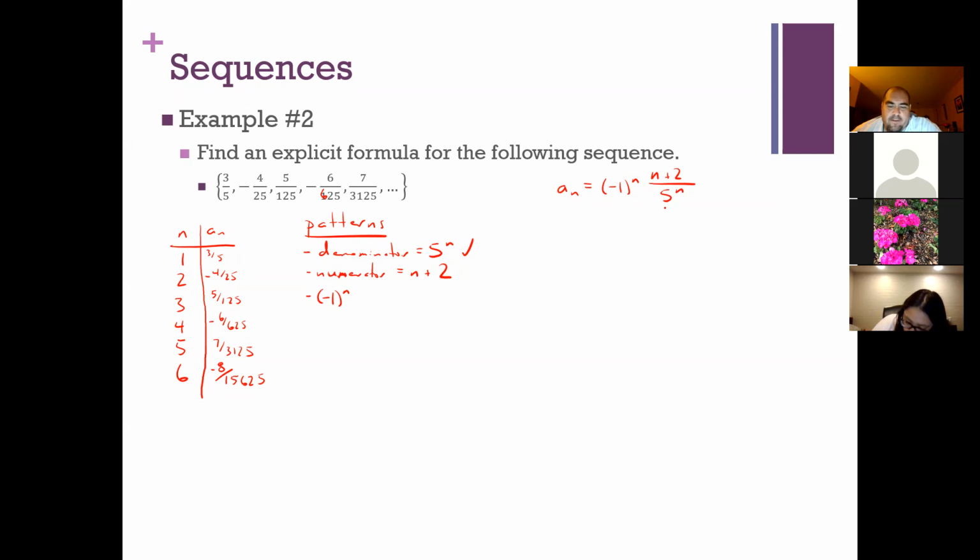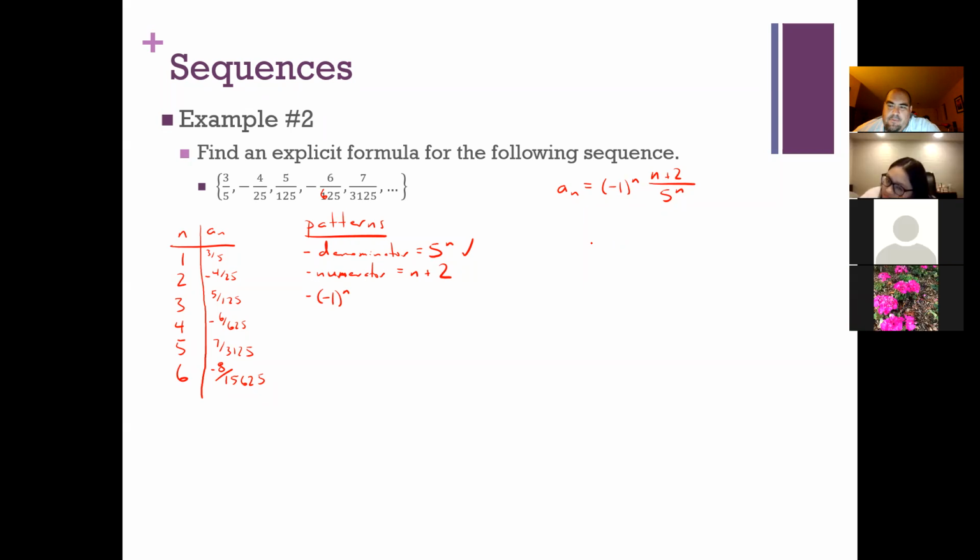Are we okay with this formula? Would it be like -1 to n plus 1 or something? Because the first term would be negative if it was -1. Right, so yeah, that's absolutely right.